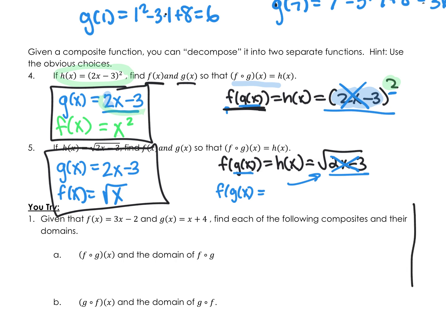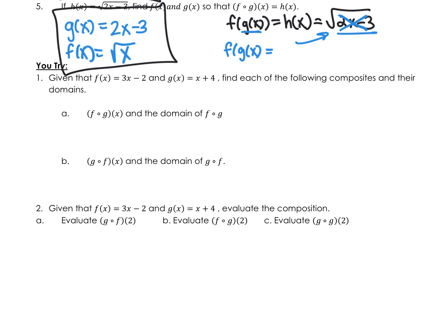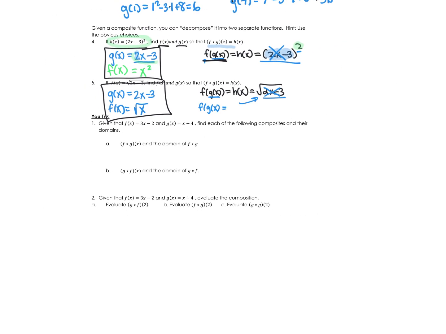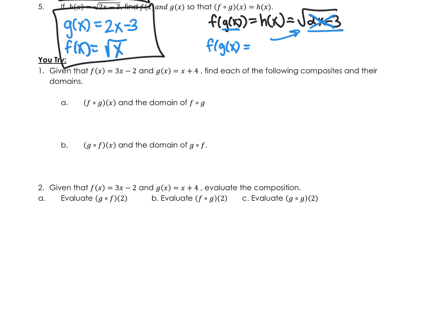So I'm going to write down the answers here to the you try problem so that you can try them on your own and see if you get the right answers. The answer to this first part, the composition f of g, should be 3x plus 10.